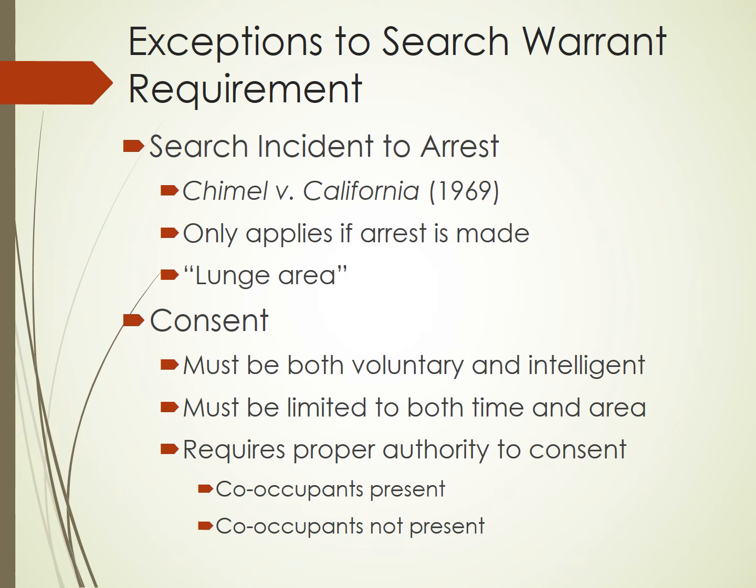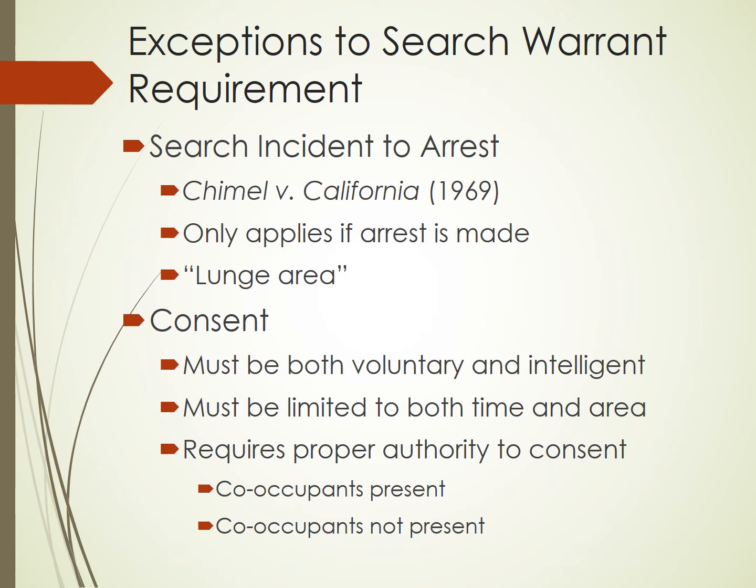The third is that valid consent can only be obtained from the person who has the authority to do so. So this is the resident or the owner of a home or a car. This means that you can't have your roommate giving consent for your bedroom. That is not appropriate.